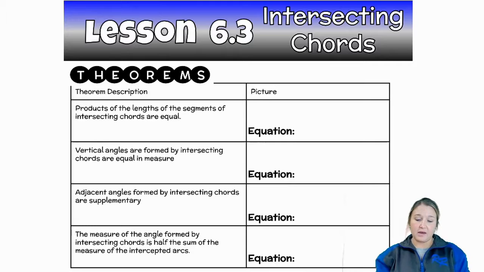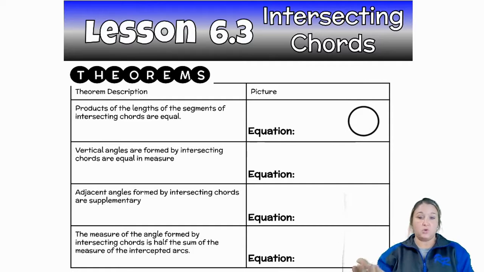So if I have my picture here and I'm going to have two chords, and it doesn't matter where they are, we just know that they're going to be intersecting. Okay. So we have a chord here.